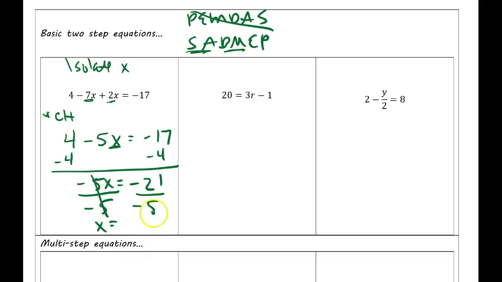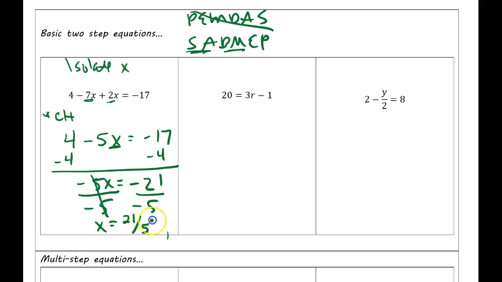Those will go away. Negative 21 divided by negative 5, well, you can't really reduce those numbers, but a negative over a negative is a positive, so we can go ahead and make that change. Okay, so that's what makes it a two-stepper, guys. We had to do several things at once, okay? We had to first move a number over, then we had to divide off a number.